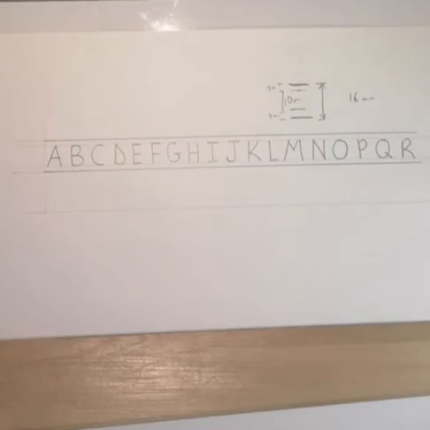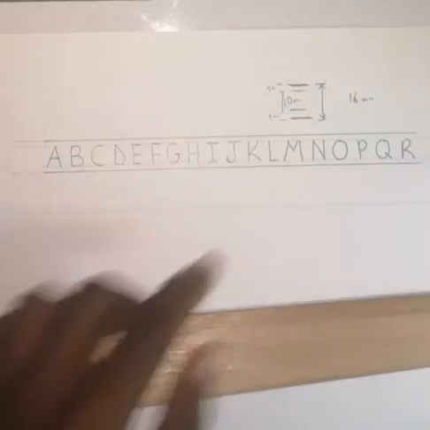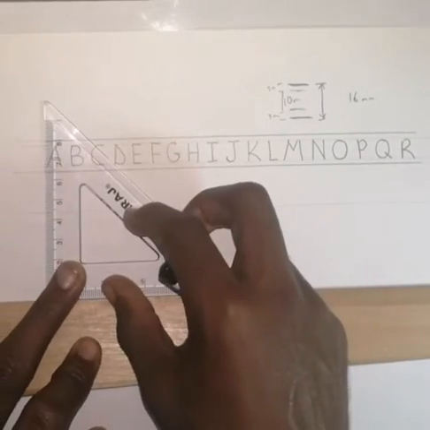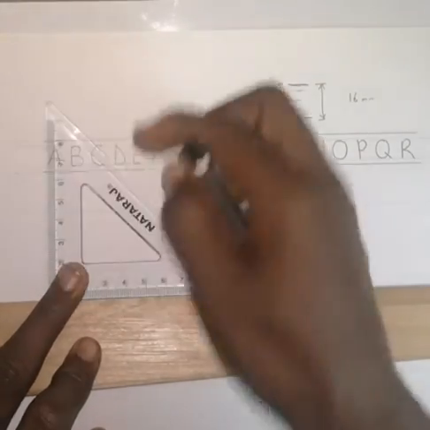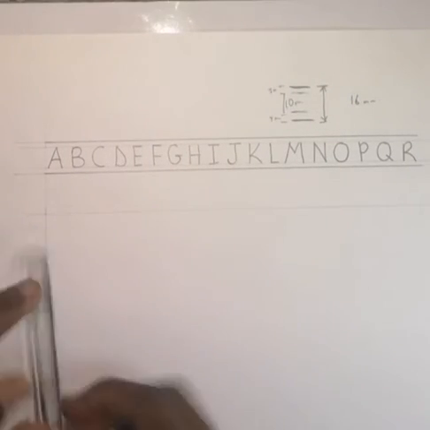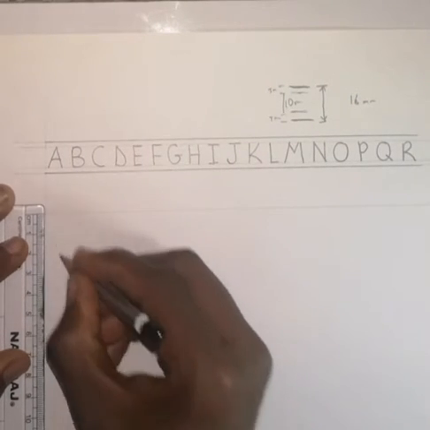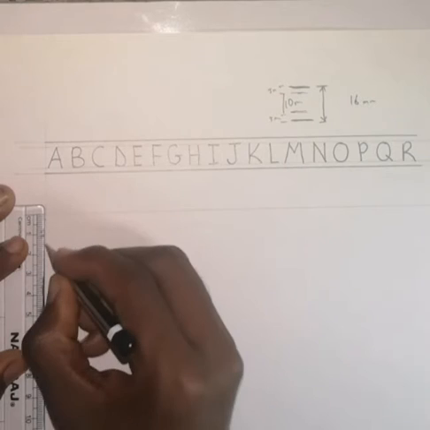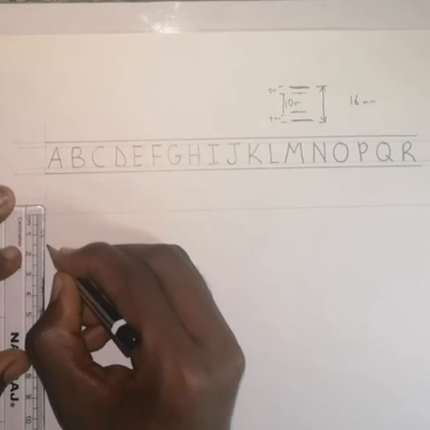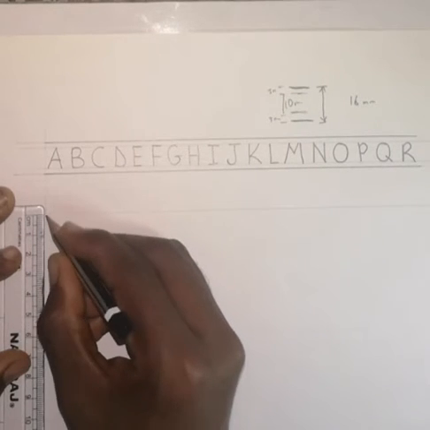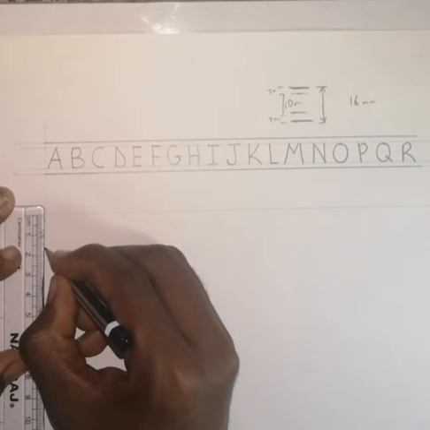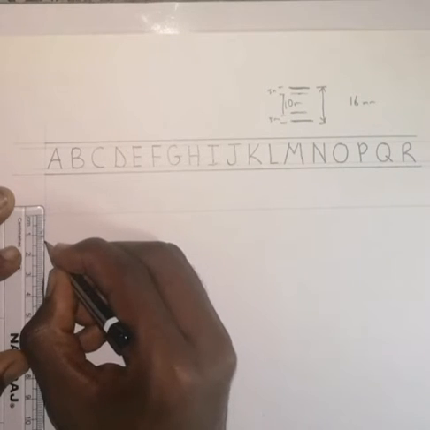So I would continue this. I ended at R, I need to end at Z, so I will have to add the same thing. So I need 3, and then 3.